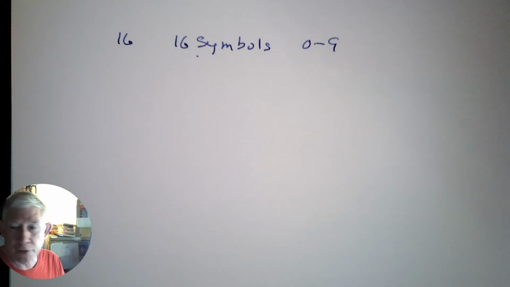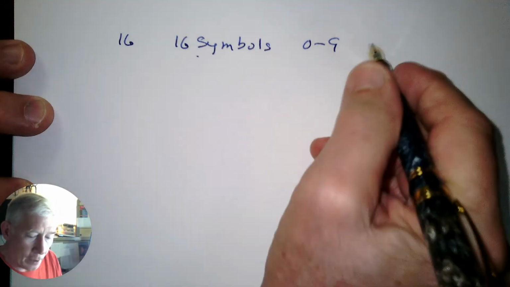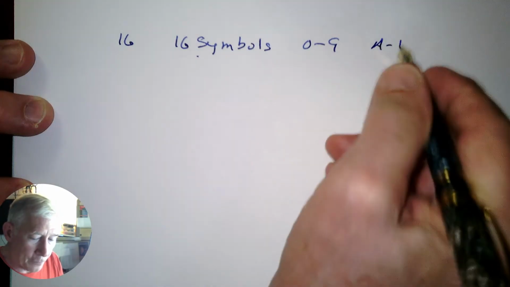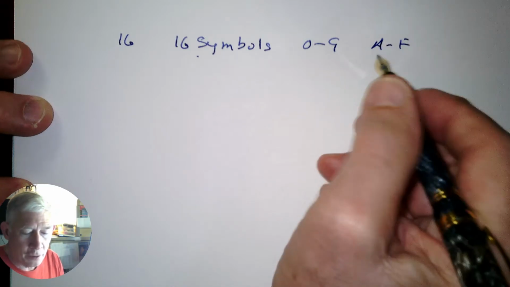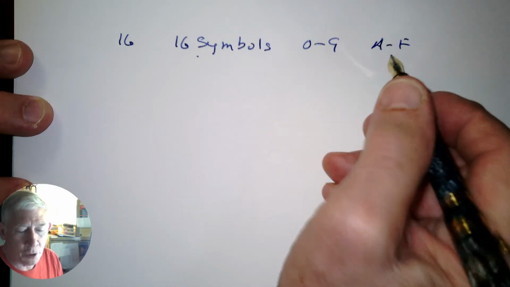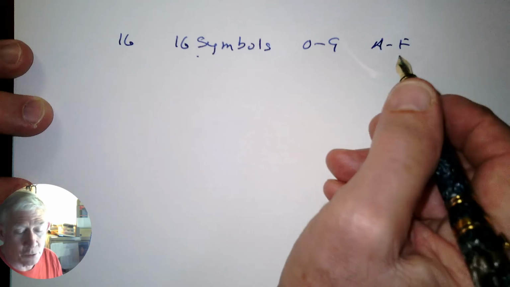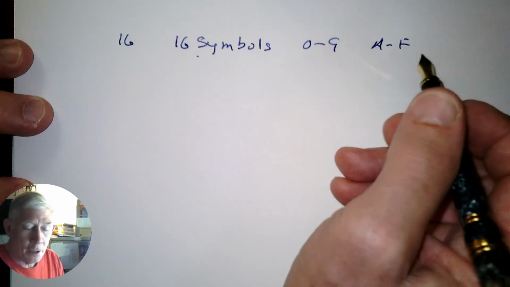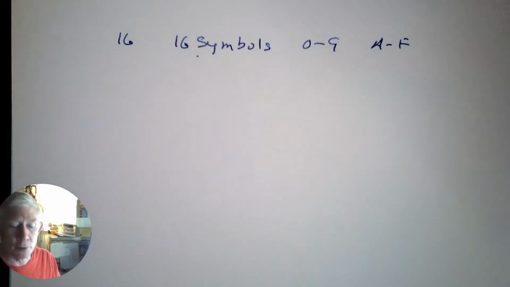They looked at the ASCII character set and they stole the first 6 letters. So they stole A through F. A was 10, B was 11, C was 12, D was 13, E was 14, and F was 15. And those were the symbols we needed to represent 0 through 15 for the hexadecimal system.